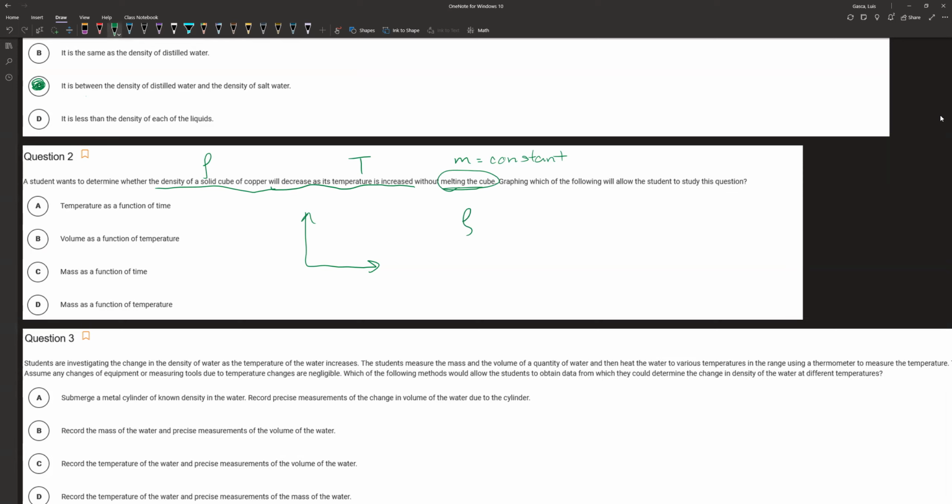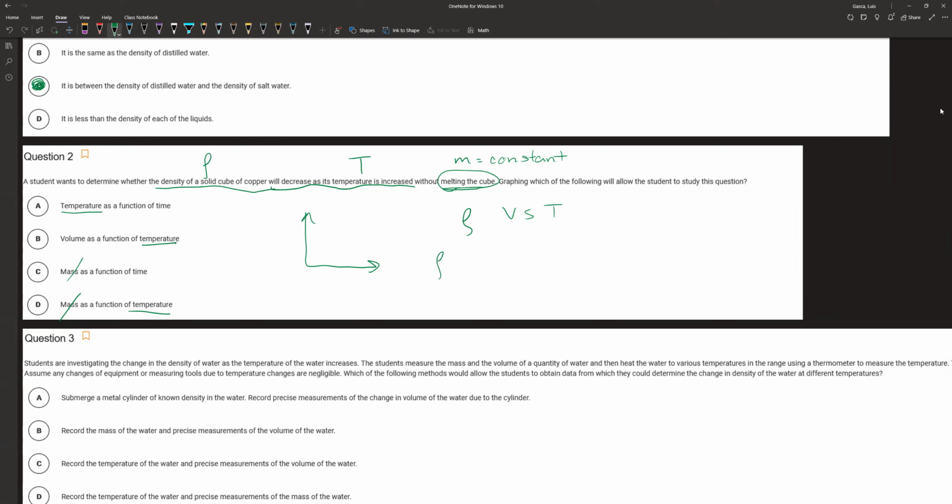And so we're trying to see some kind of density relation versus temperature. So one of them is going to definitely be a measure of temperature. Now, because the mass is constant, that one's not going to be helpful, and neither will this one. The other thing is, we have temperature as a function of time or volume as a function of temperature.